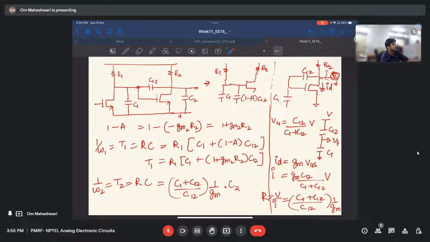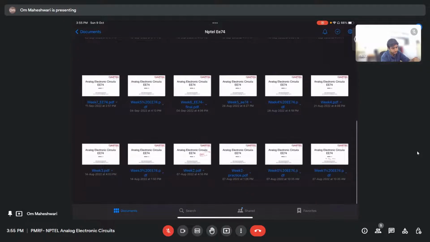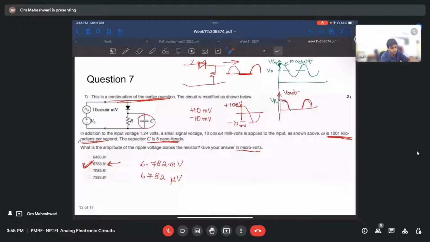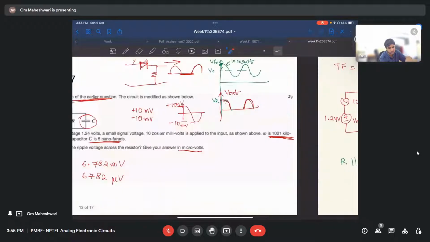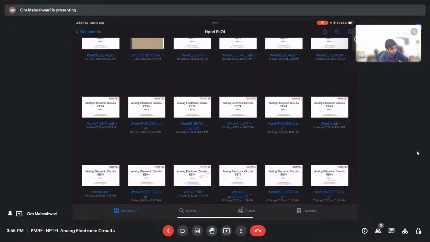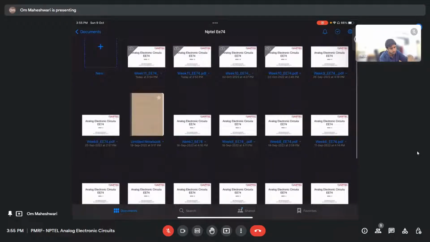Do I have it somewhere? I did not solve question 8 last time. I'll open the question. What is the issue in this question?